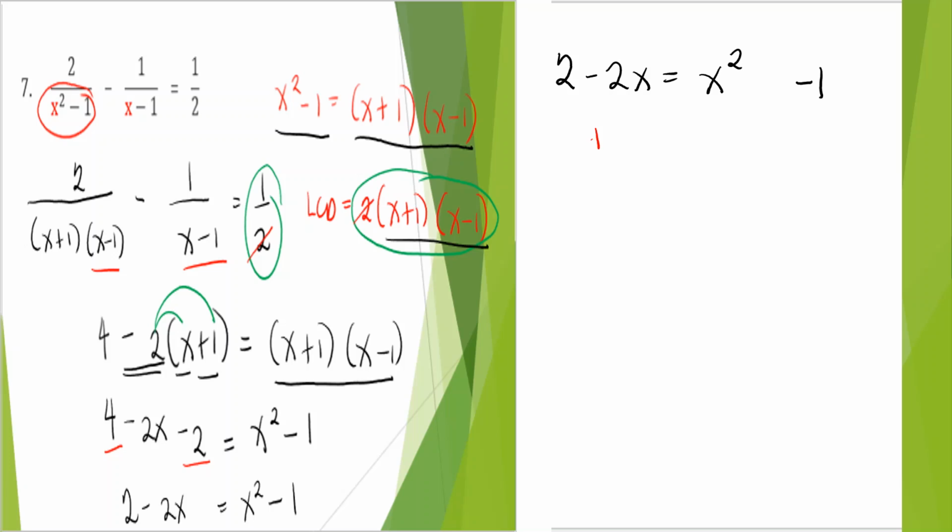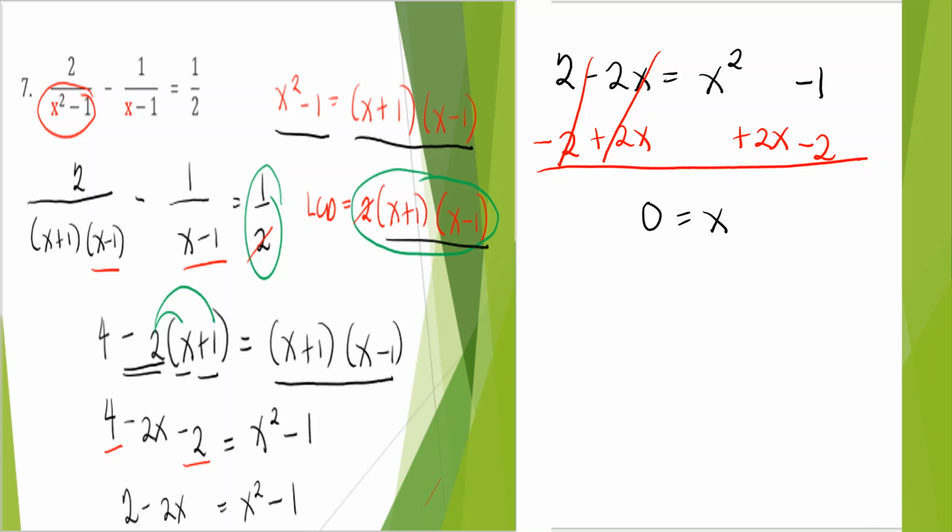Let us add positive 2x to both sides of the equation. Cancel. Then add negative 2. Cancel. So this will become 0 is equal to x squared plus 2x, negative 1 plus negative 2 is negative 3. Next, let us find the factors of the given trinomial.